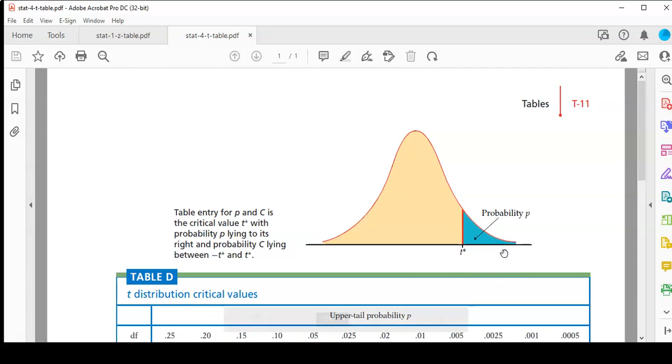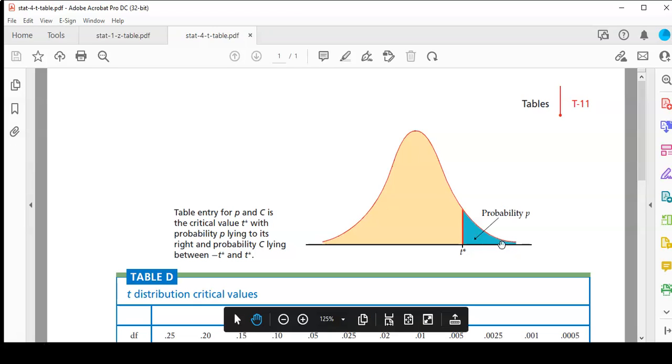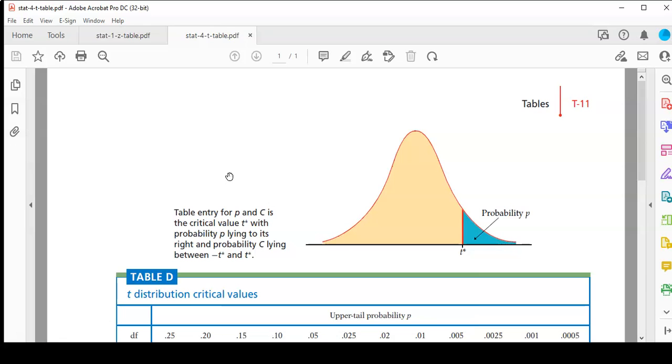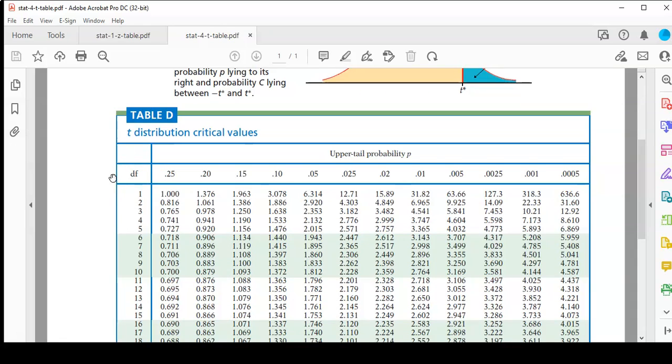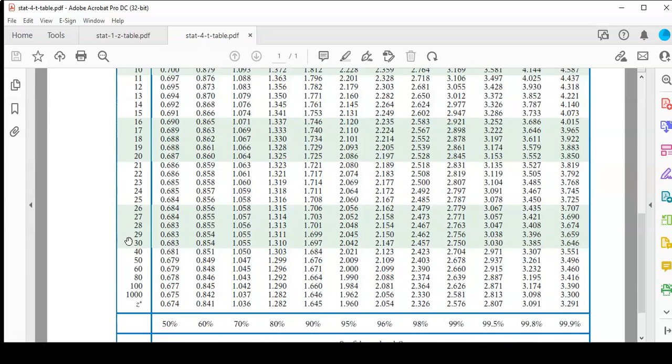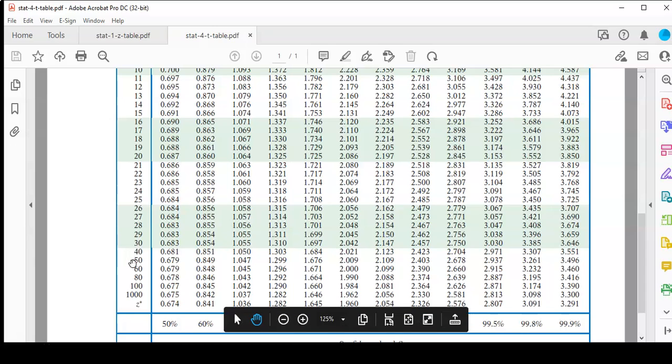And because this is shaded to the right, I find it a little bit more convenient to work with the right-hand side endpoint. Now, the t-table looks like this. To the left, we have the degrees of freedom, sample size minus 1: 1, 2, 3, 4, all the way up to 30, and then jump to 40, 50, and then 60, 80, 100, and then 1000, and to infinity.